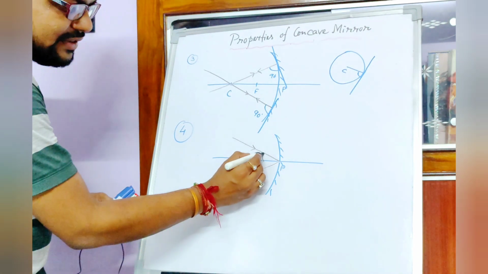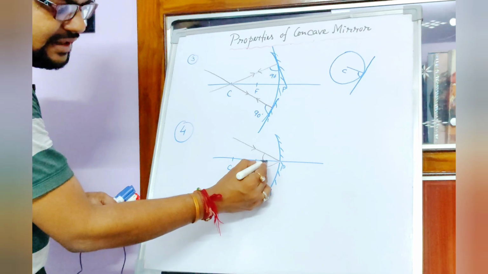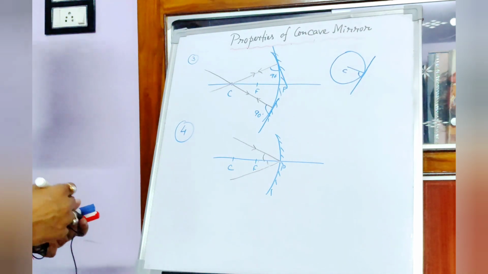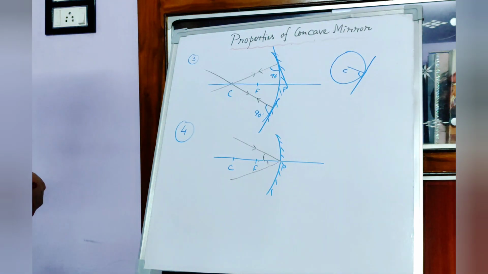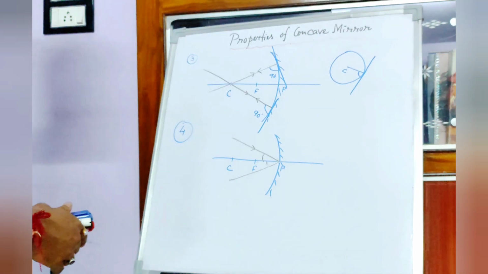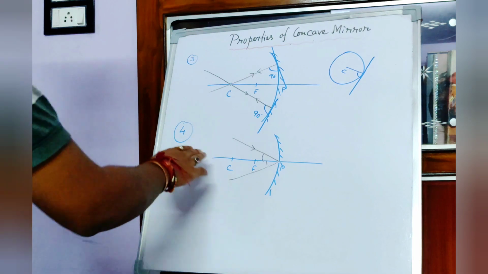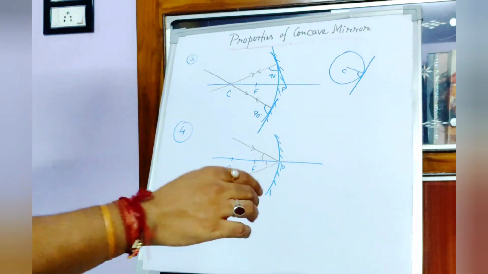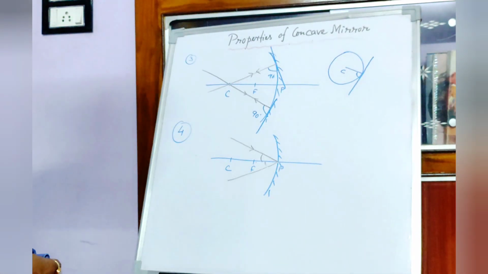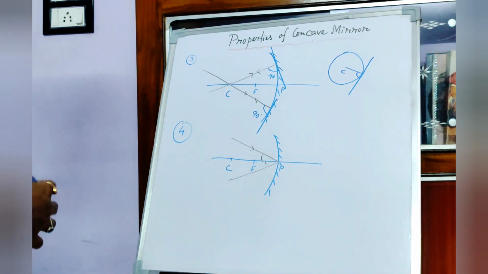Remember that if this angle is 30 degrees, this angle will also be 30 degrees, because the principal axis behaves as a normal at the pole. Please remember, the principal axis itself behaves as a normal at the pole, right?